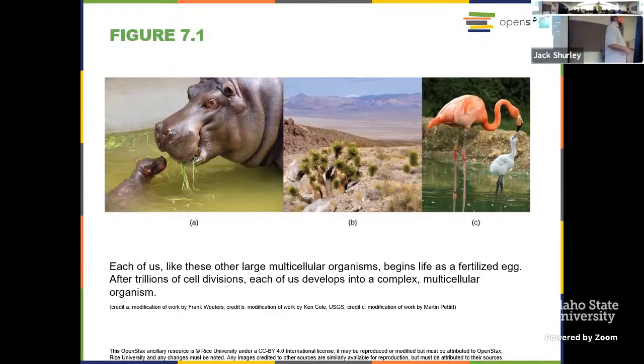And as we started this class, we thought about, well, what is life? Oftentimes thinking maybe some sort of big mammal, maybe a hippo, maybe not. Truly it just depends on what you might be thinking about.